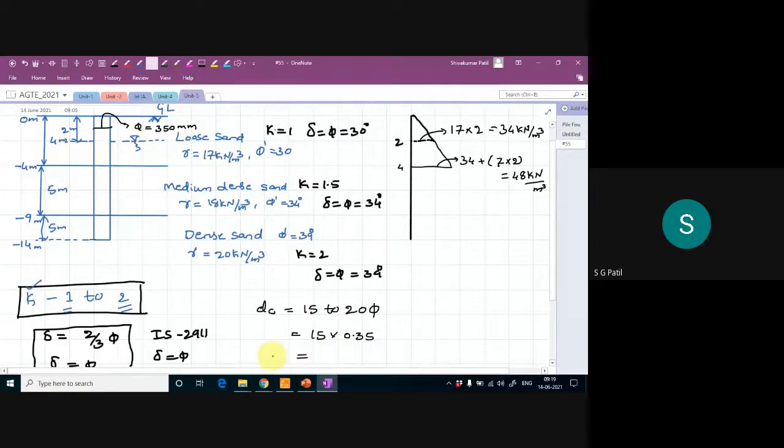So what is the critical depth you are getting? 5.25. Okay, so 5.25 meter is my critical depth. Let us draw one more line here.